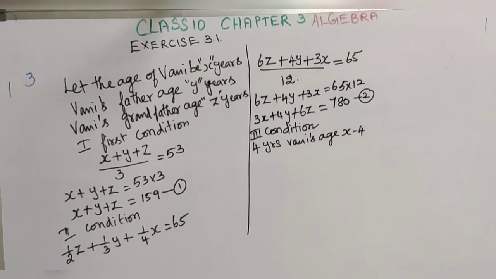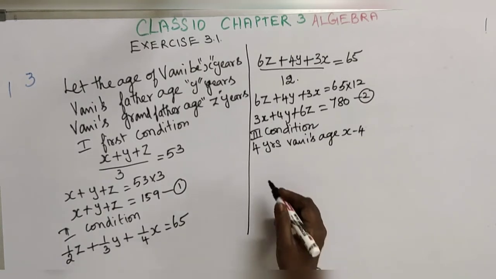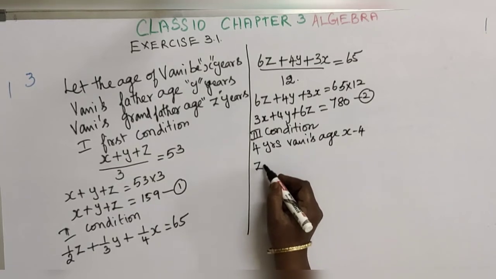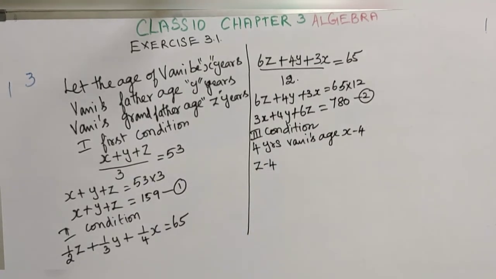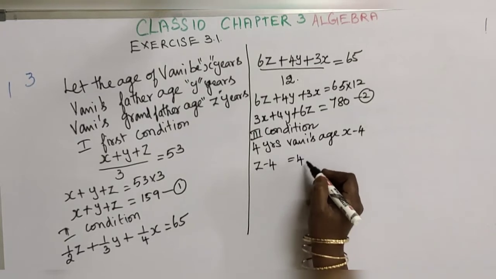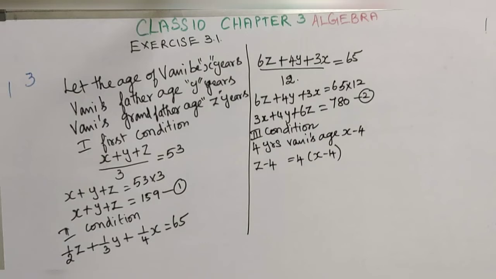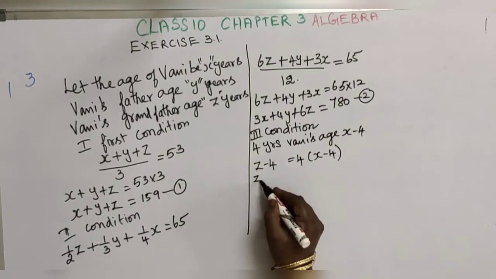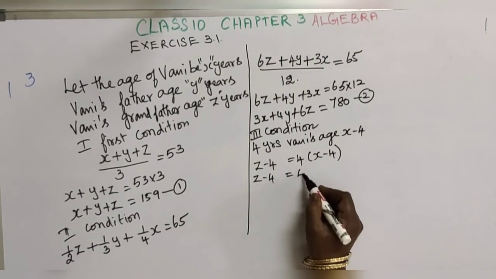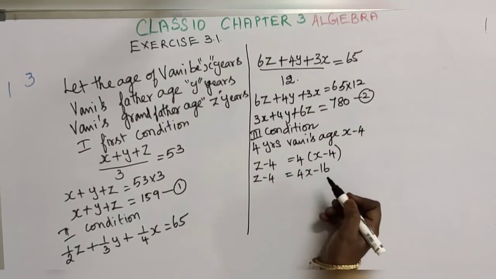So according to the third condition, 4 years ago Vani's grandfather's age, z minus 4, was 4 times as old as Vani, so 4 into x minus 4. Now simplify: 4x minus 16.